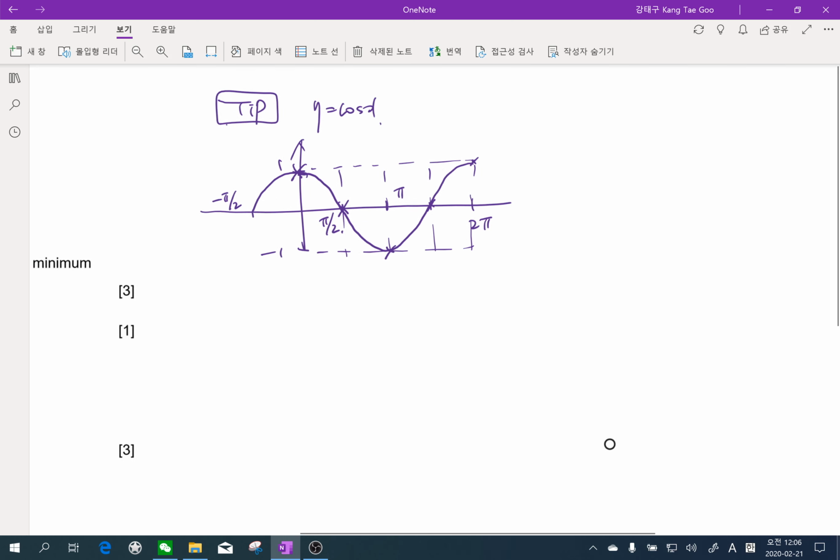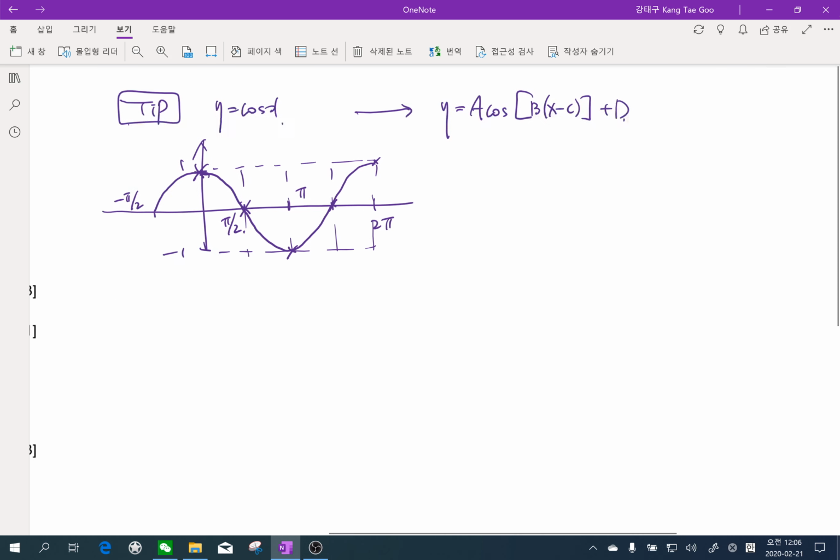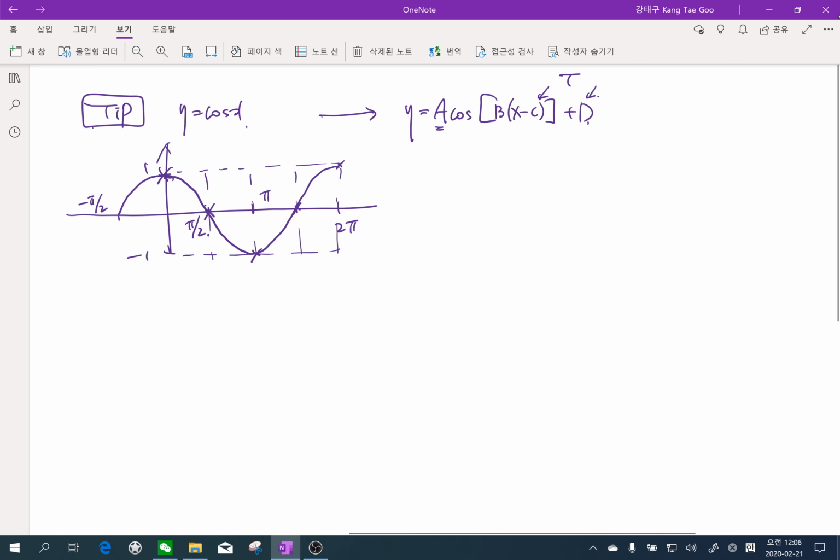If we change this into y = a cos(bx - c) + d, I will draw this with only the positive a case. First, c and d are related to the translation, and b is about the period.